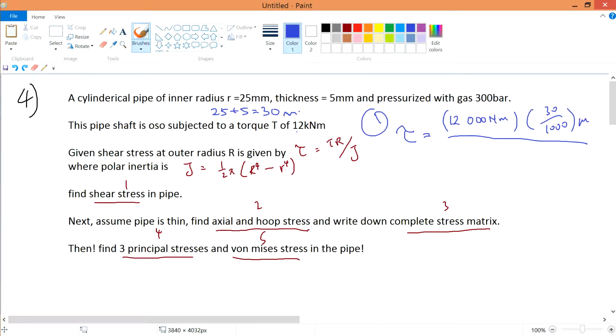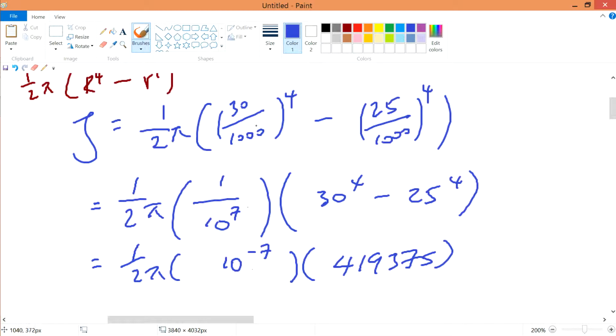Instead of skipping, I'll go through a cheat code that might be fairly useful. 30 divided by 1000 is a very small number, and to the power of 4 it's even smaller. Minus a very small number, things get very hairy.